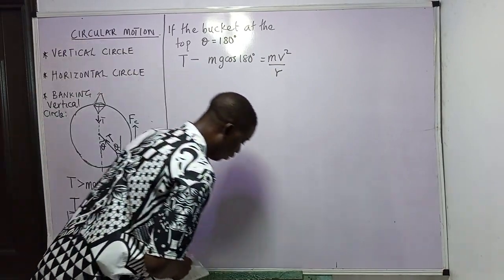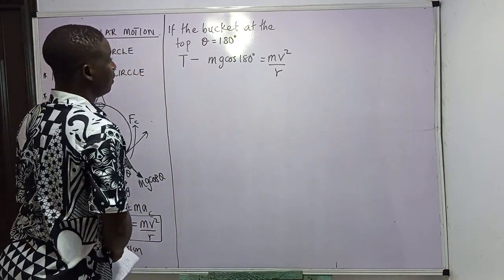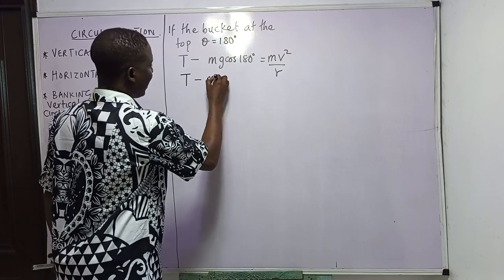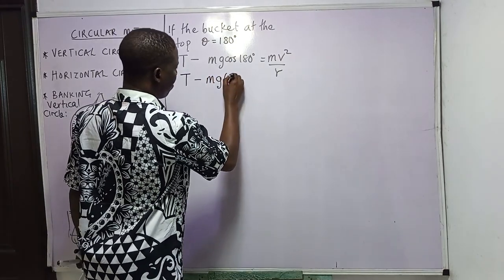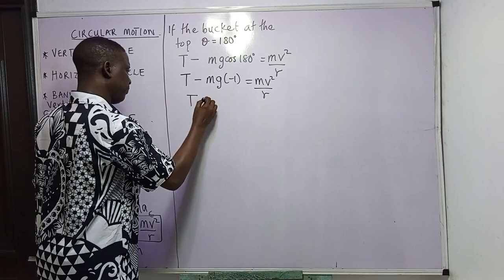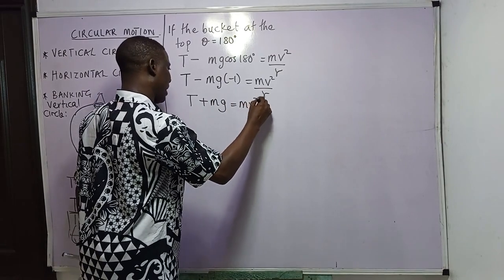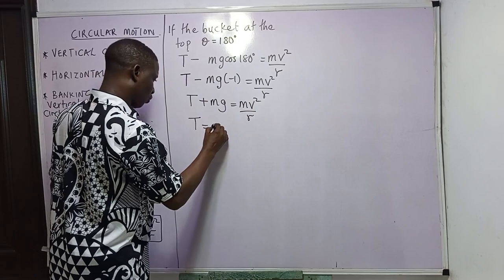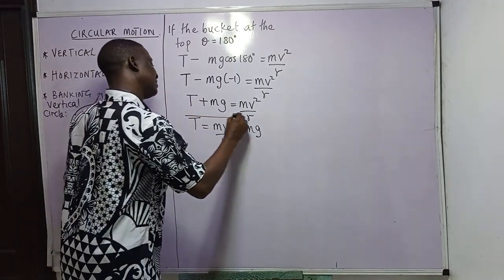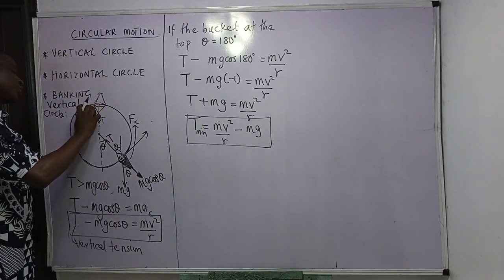Cos 180 becomes minus 1, so that gives T plus mg equals mv squared over r. So T equals mv squared over r minus mg. So this is the tension, the minimum tension at the top.